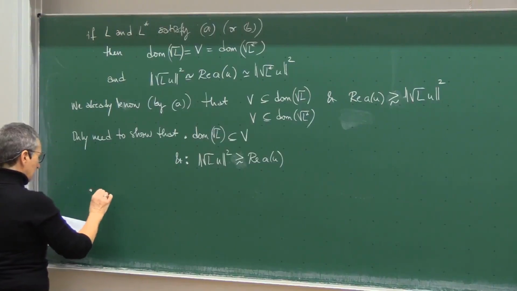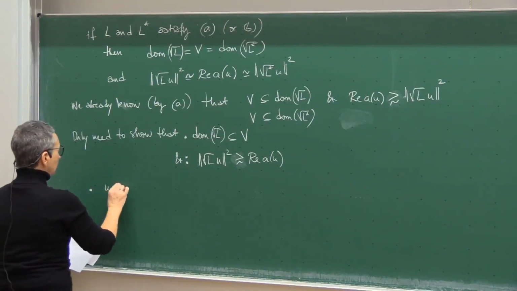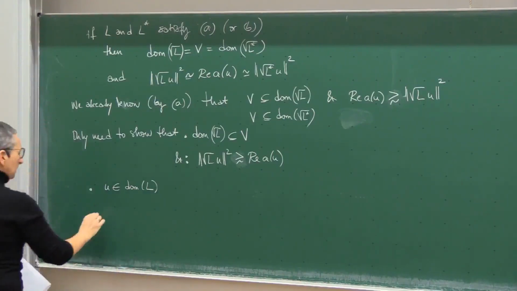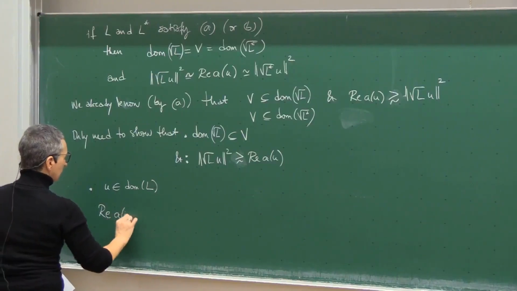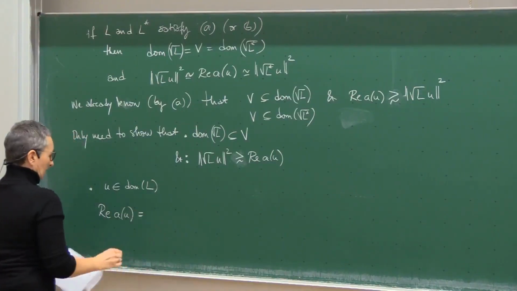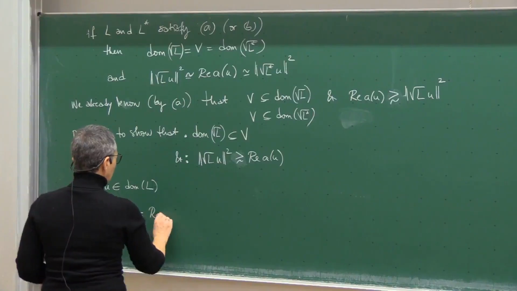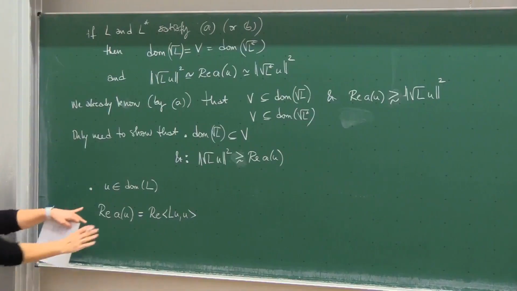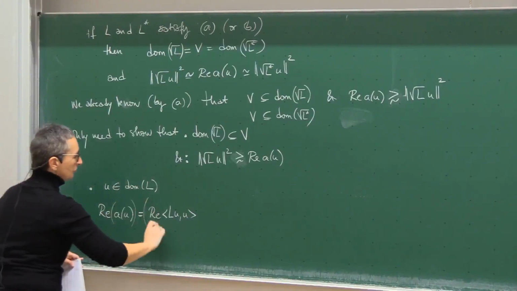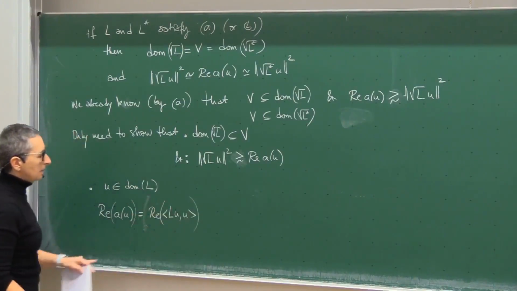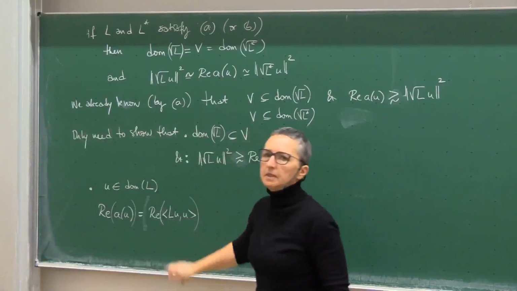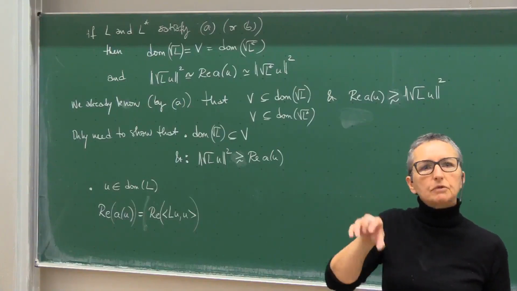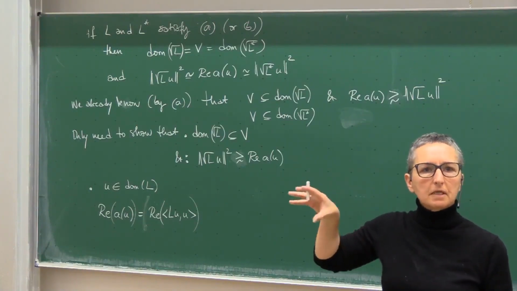So first point, what we know is that, take first u in the domain of L, and then what we have is that the real part of A of u is the real part of Lu, u, right? Without the real part this is also true, but I only take the real part. And here I split my L as square root of L times square root of L, and I put a square root of L on the other side, which then becomes a square root of L star.